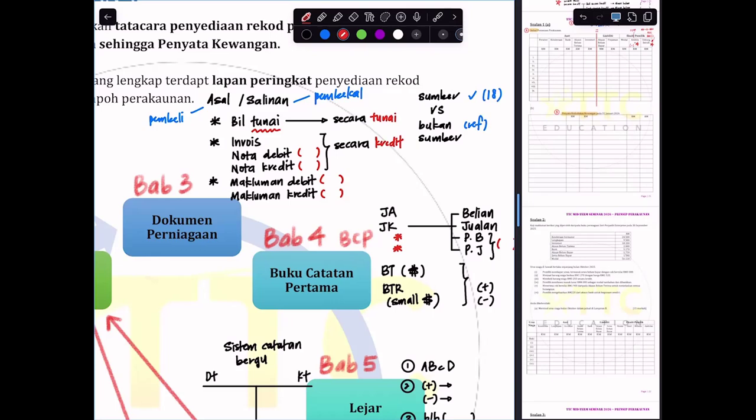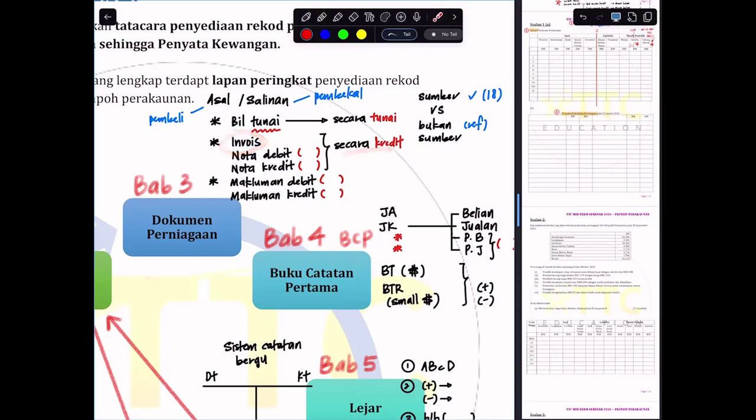That means you need a document as a reference to refer to who you pay, how much should you pay, and when to pay. That document we call an invoice. If you have an invoice, it means you haven't paid, haven't received money at all. That means we call it secara credit lah.